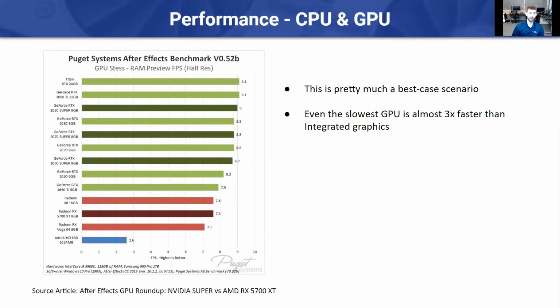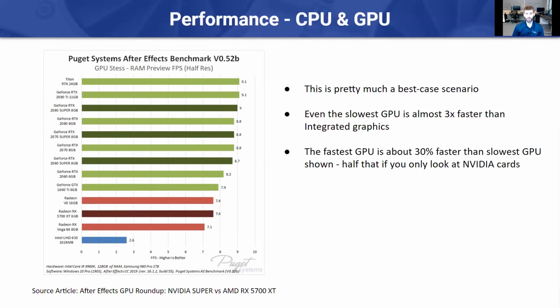Even the slowest video card, that Vega 64 from the AMD, it's 3 times faster than onboard graphics. So having a video card, incredibly important. Having an expensive video card, a little bit less. So it's about a 30% difference between the slowest actual discrete video card and the fastest.